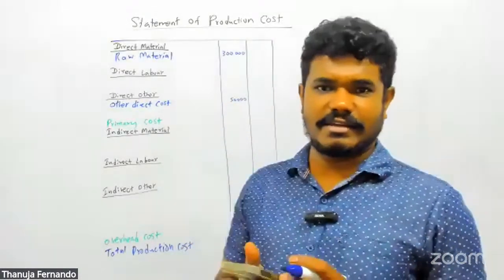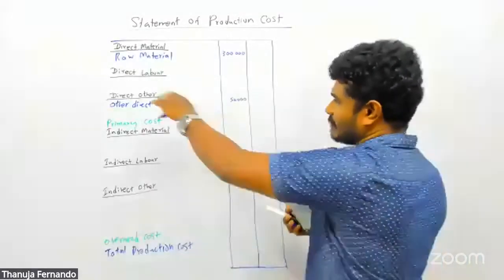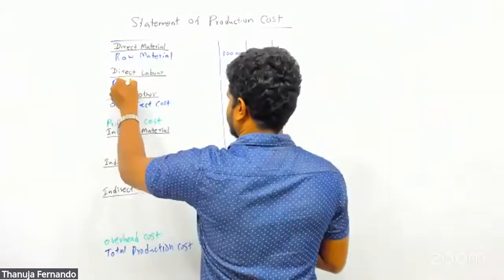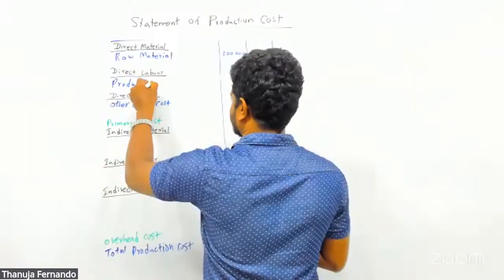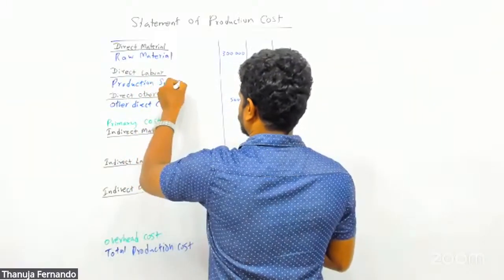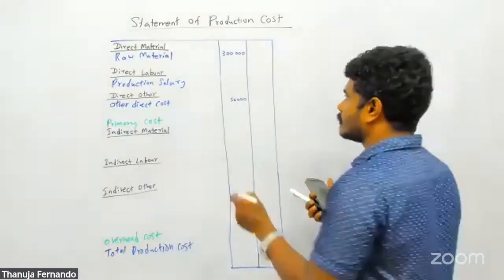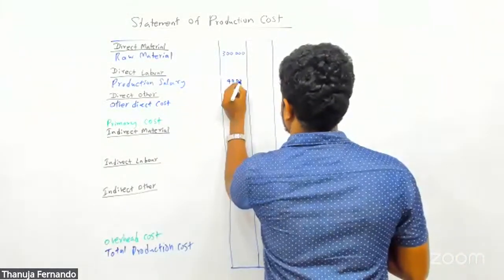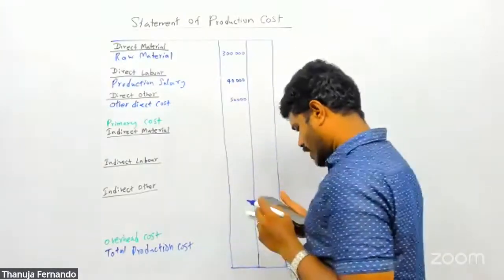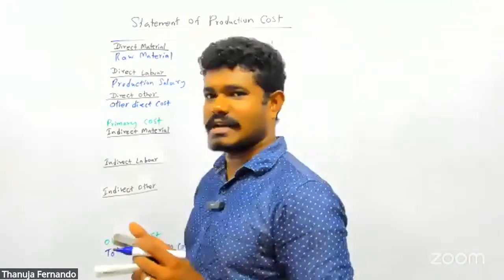Production salary. Production salary means direct labor. This question is very easy, right, to identify this. Production salary 40,000. Next one, security salary. Security salary means indirect labor.